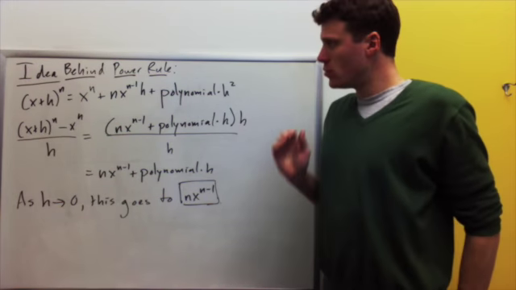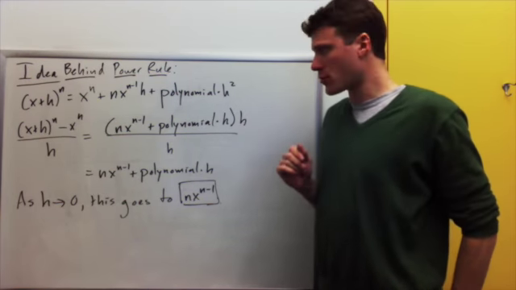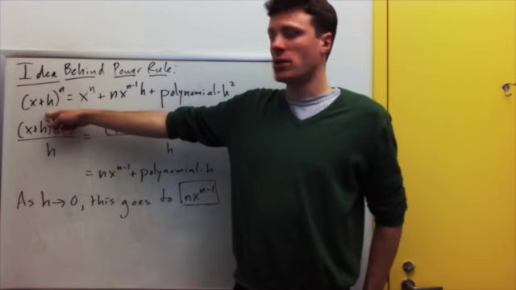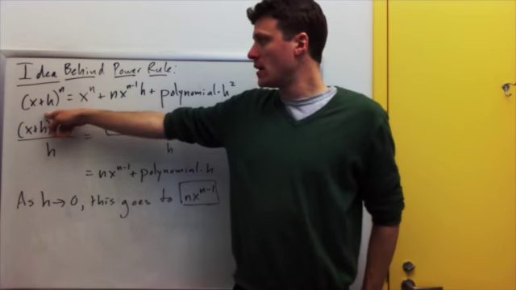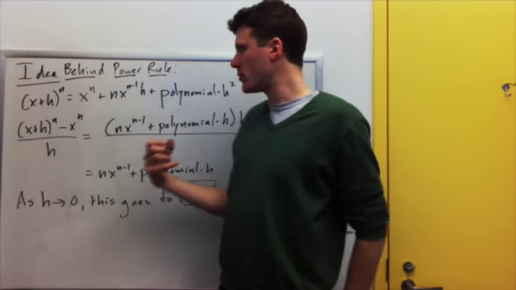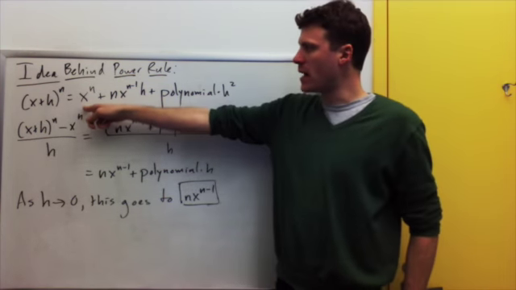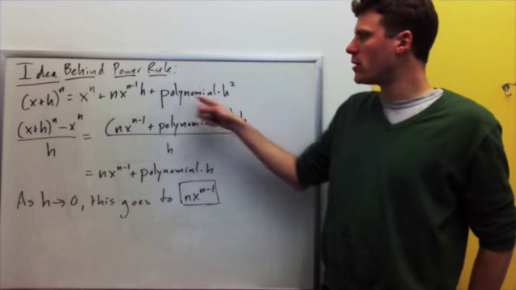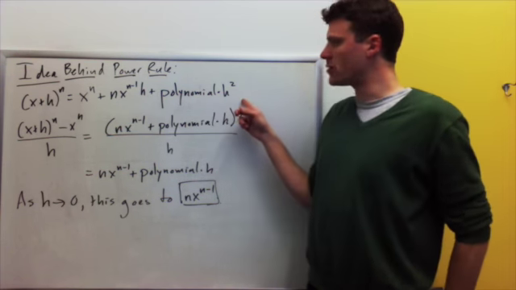Just to give you the idea behind the power rule, let's see what happens when I look at the term x plus h to the nth power. It turns out that there's a formula for multiplying that, and it gives x to the n plus n times x to the n minus 1 times h plus a polynomial which is divisible by h squared.